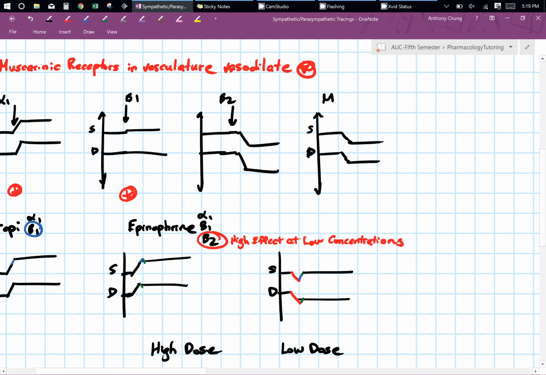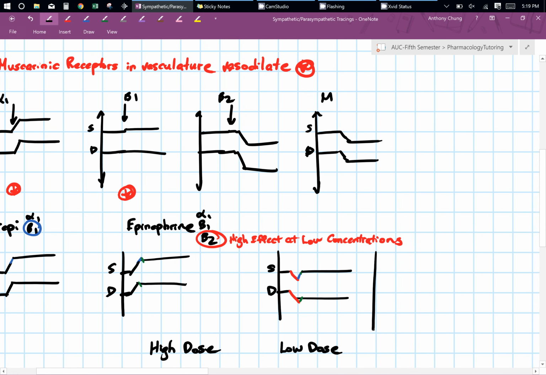So let me just draw it how you would actually see it, because that one's a little confusing. So systolic, diastolic. And then this line goes almost straight. Sometimes they show it decrease a little bit, but it's no big deal. And then your diastolic definitely decreases. So don't get caught up on this.